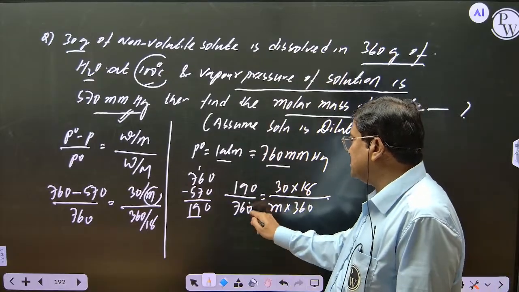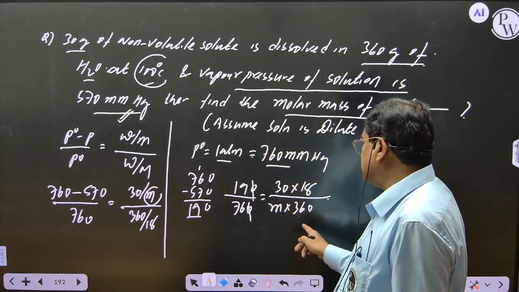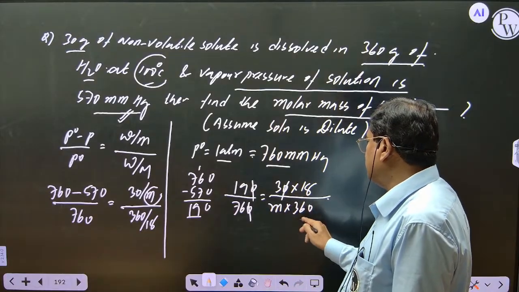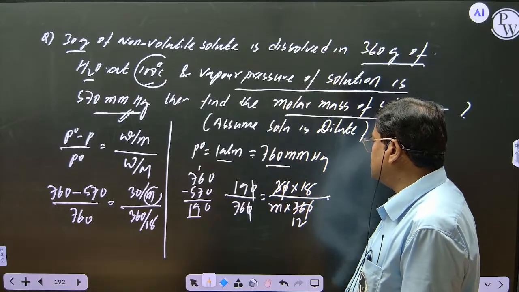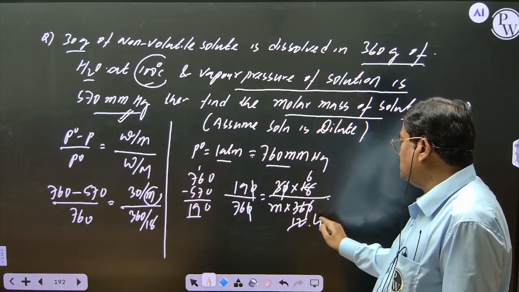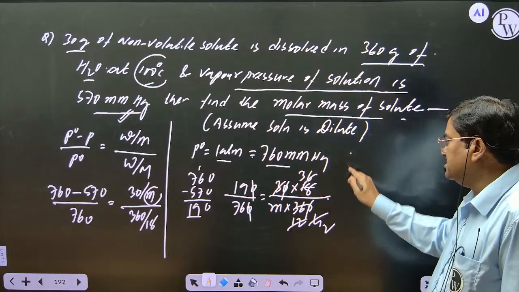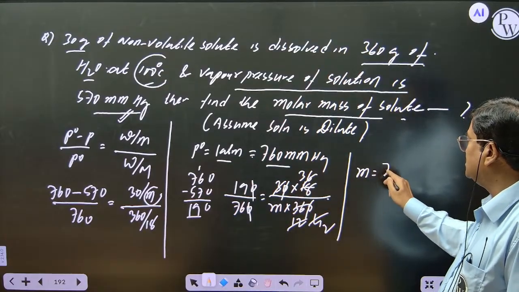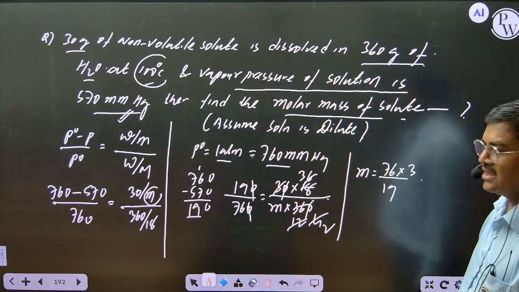Now any cancellation? The 0, 0 get cancelled, and then the 3 ones are 3, 3 twos are 6, 3 fours are 12, 3 sixes are 18, 2 twos are 4, 2 threes are 6. Then what will be the M? M, the molar mass, is equal to 76 into 3 upon 19. Correct?